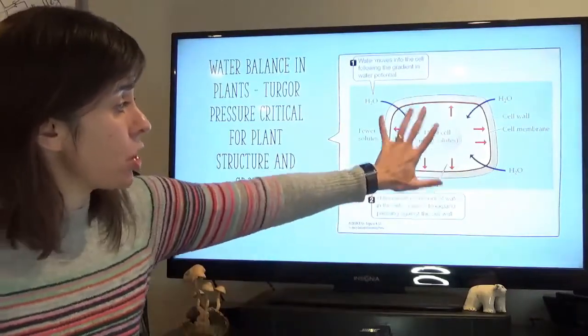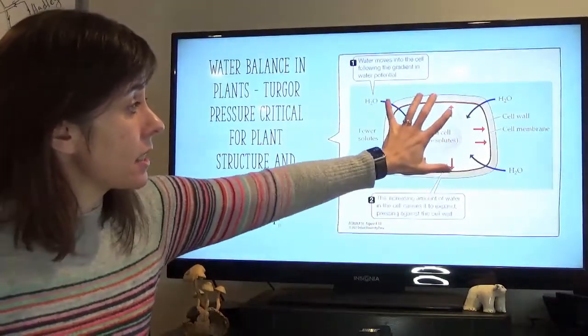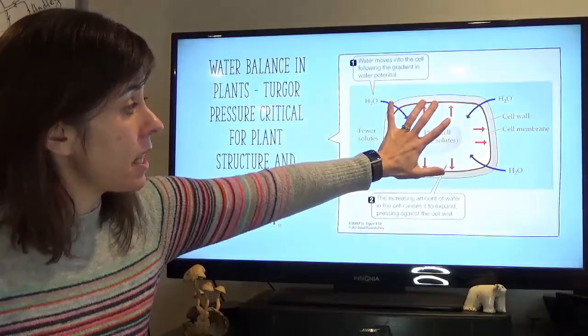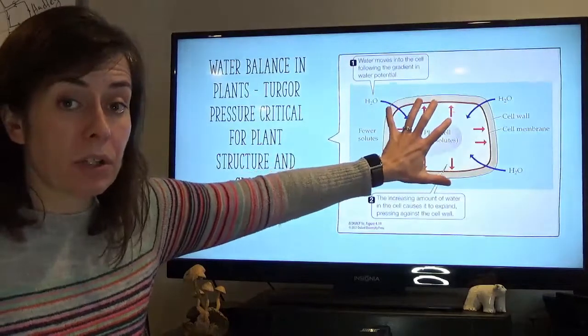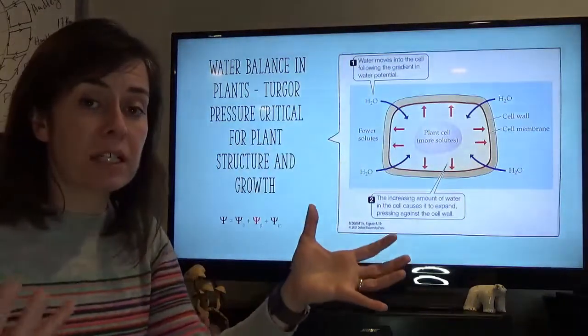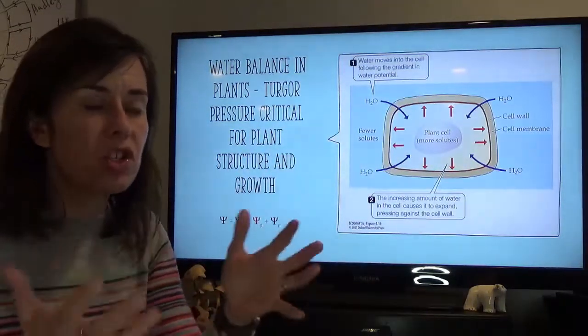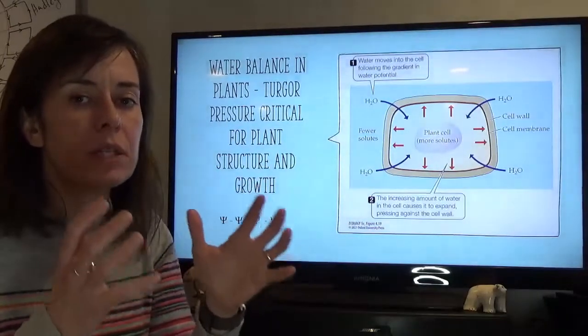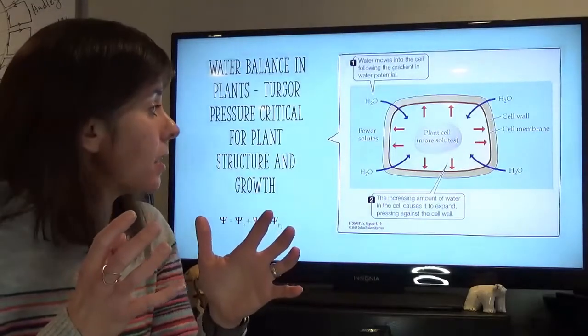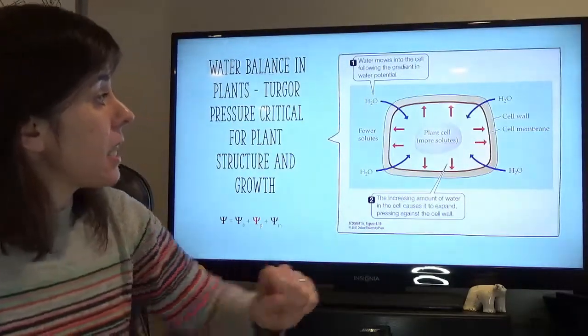So if there's sufficient water inside this cell, then there will be pressure put on the cell wall. This allows for cell expansion. This allows for the rigid structure of plants. This turgor pressure inside the cell is really critical to maintain.